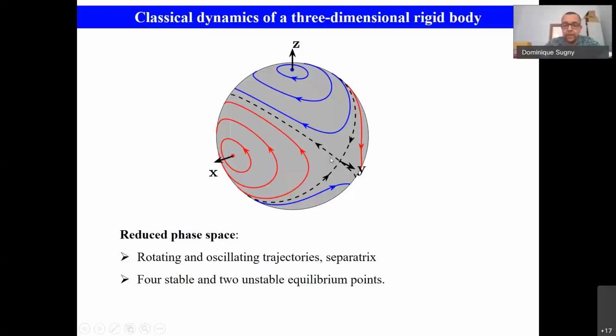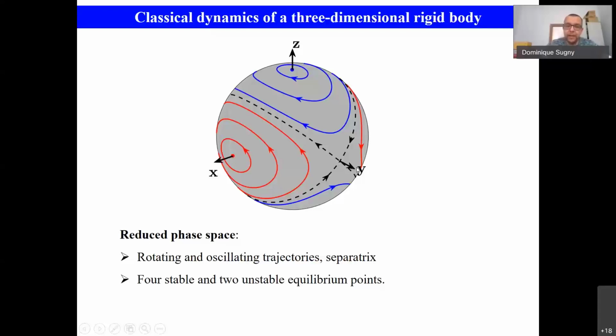We also have in this reduced phase space different equilibrium points, which correspond either to the rotation around the x-axis, for this point and the opposite one, to the rotation along the z-axis, for this point and this one, and to a rotation around the y-axis.